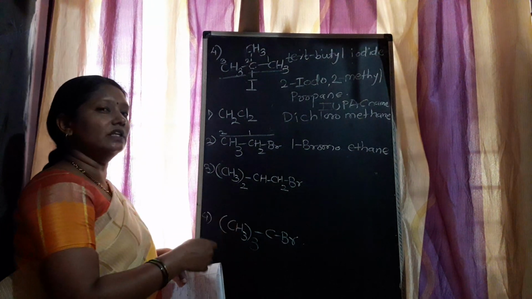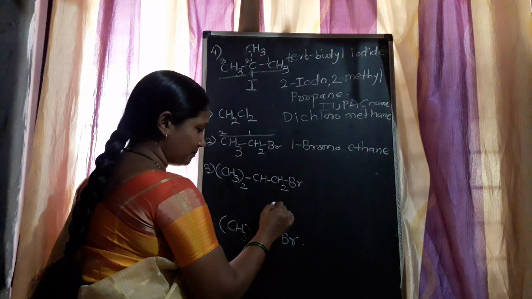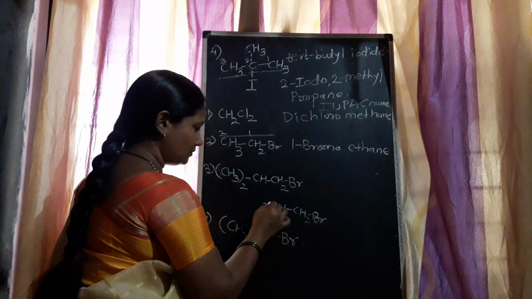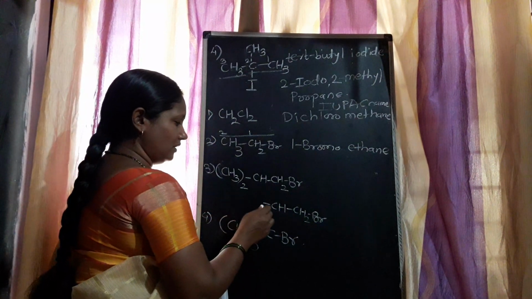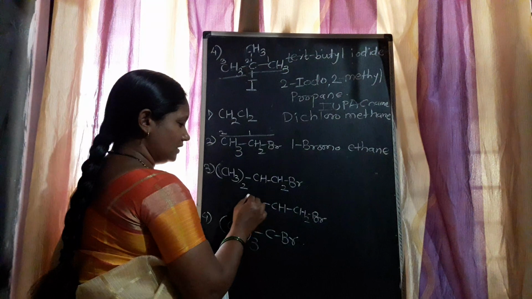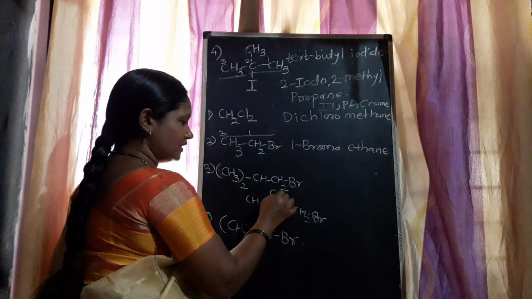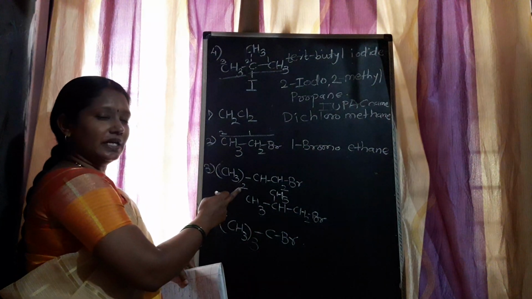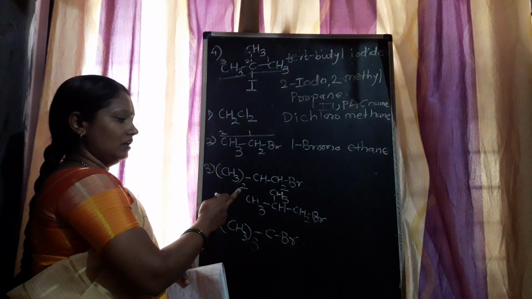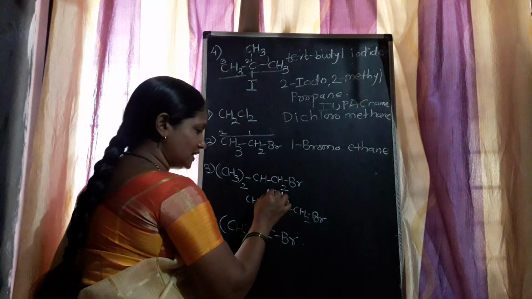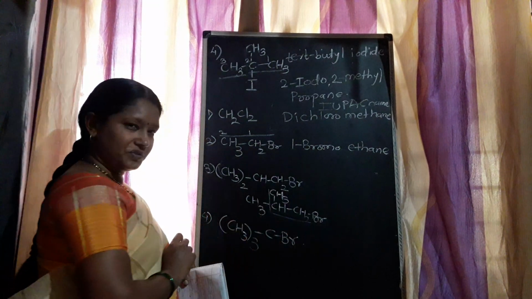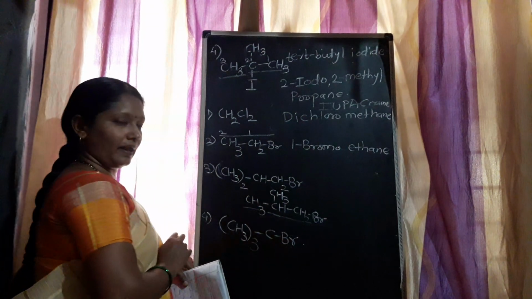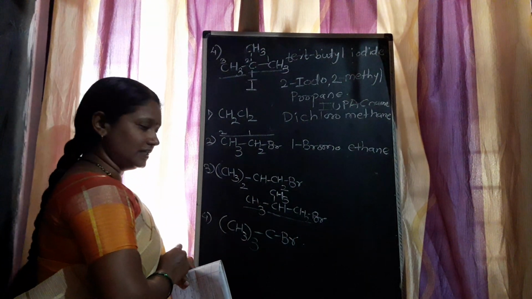Now this third one, in this one the CH3 bracket twice is written. Now you can write the structure also like this: CH2Br. Now at this carbon, two branches are present, CH3 and CH3. Now in IUPAC you can select like this long chain. In this three carbon atoms are present, or like this one also, in this also three carbon atoms are present.